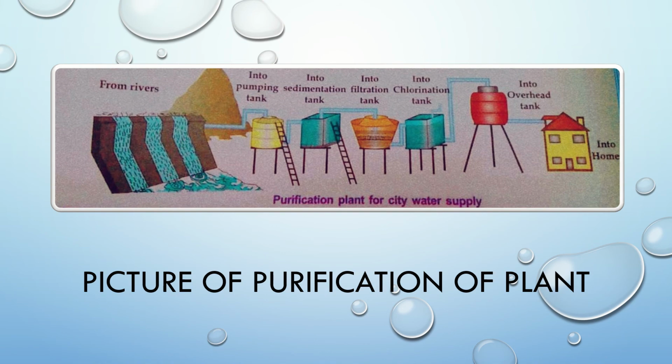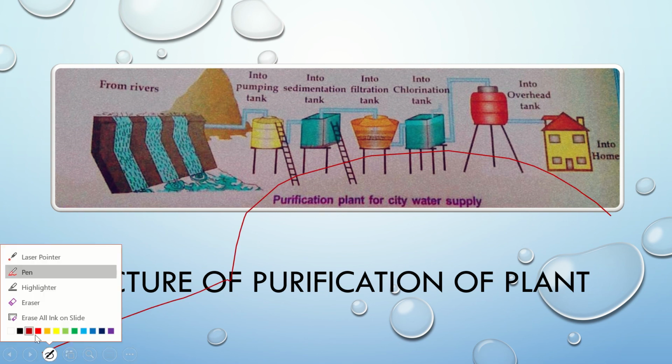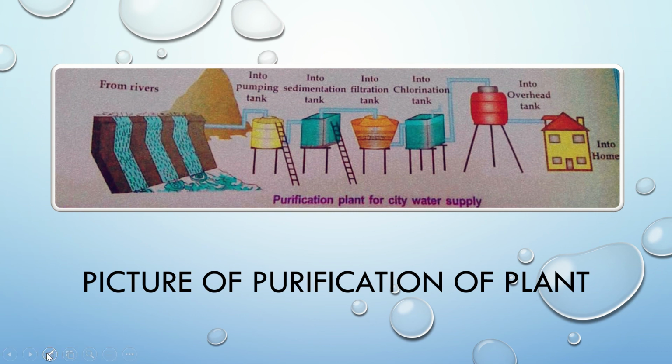So now this is how it goes. I'll show you. See, this is the river. This is the river where water goes into the pumping tank. Here you can see there is a connection.